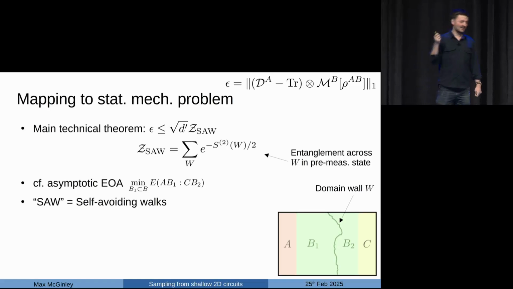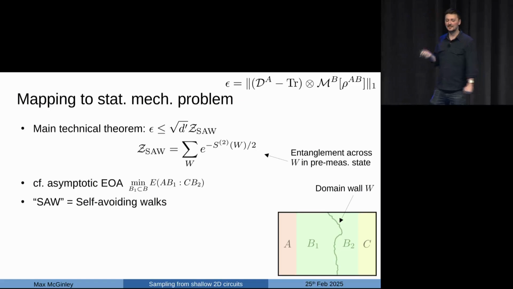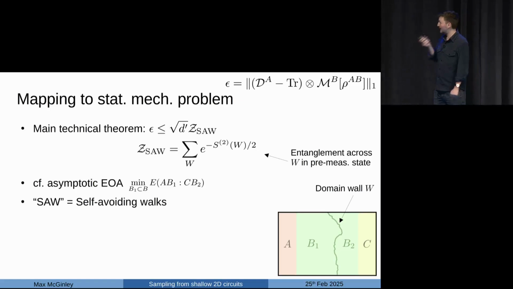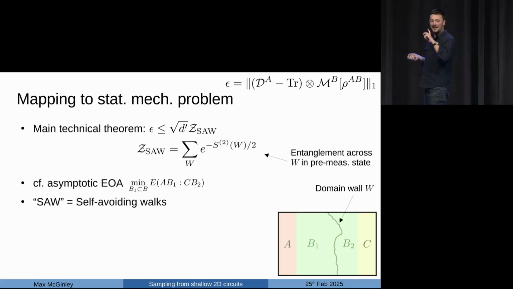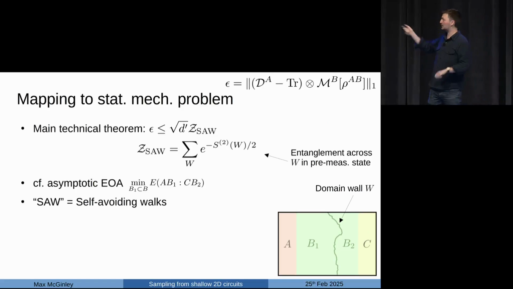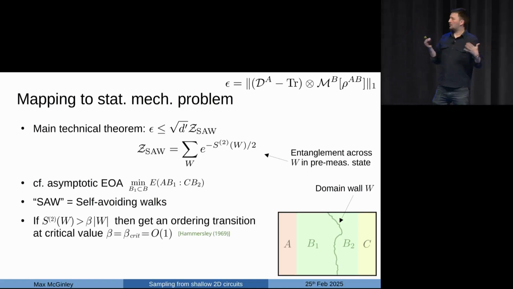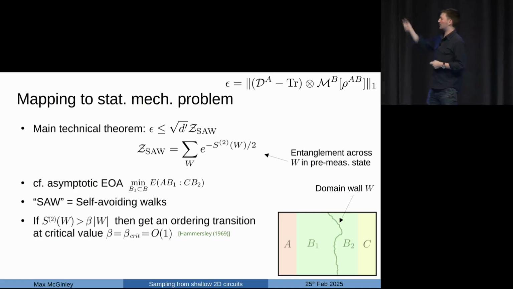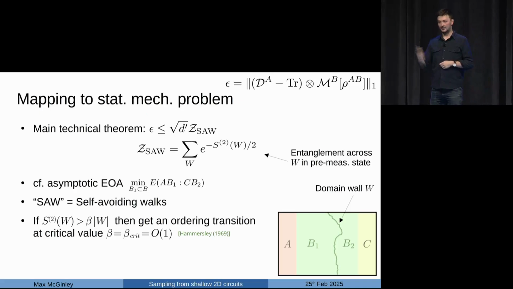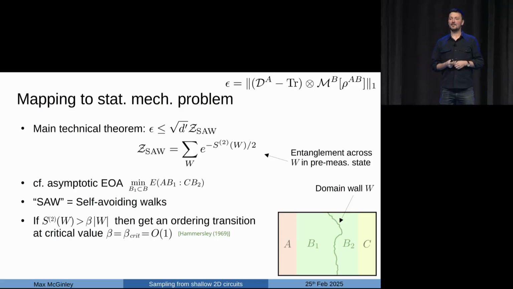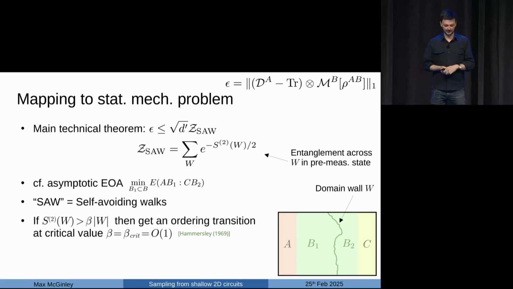But the point is that this is a well-studied statistical mechanics model, at least in the case where this exponent is known. So SAW here is self-avoiding walks, which essentially just describes what these domain walls are. And if we can show that the system, this pre-measurement state, exhibits a perimeter law, so that the entanglement across the cut W scales with the length of W, then this statistical mechanics model orders.